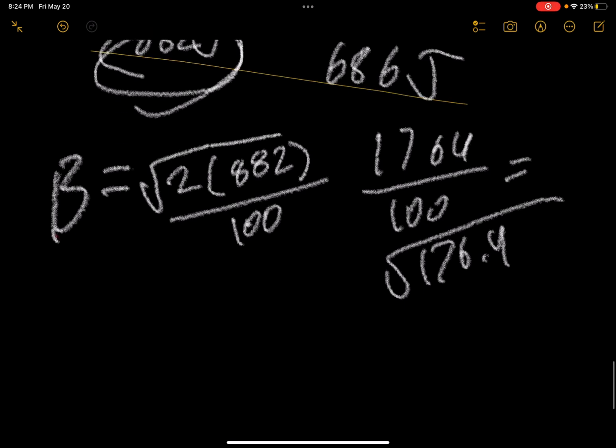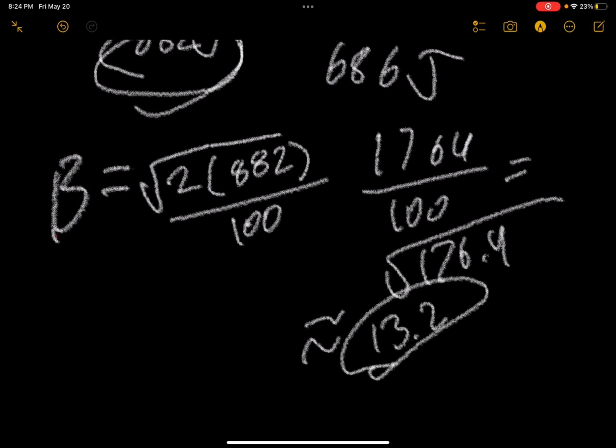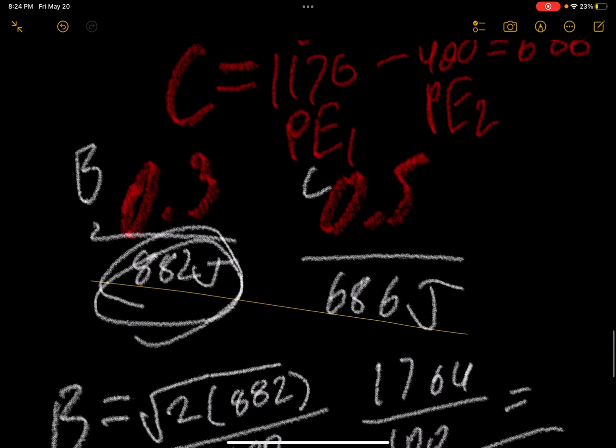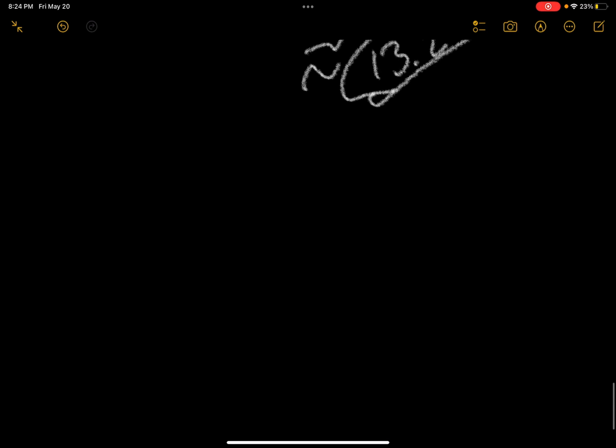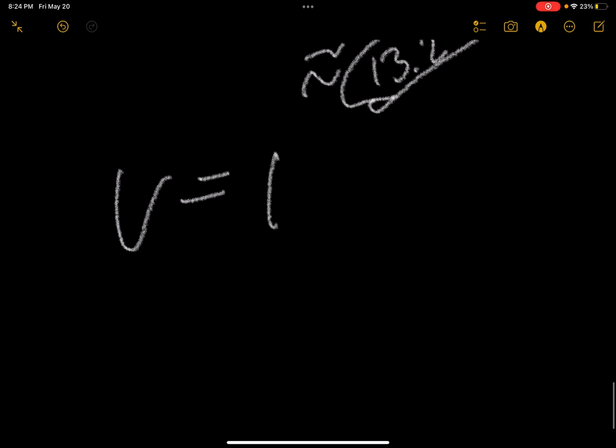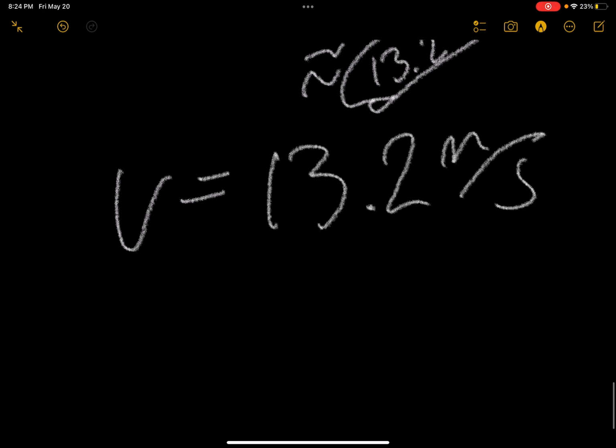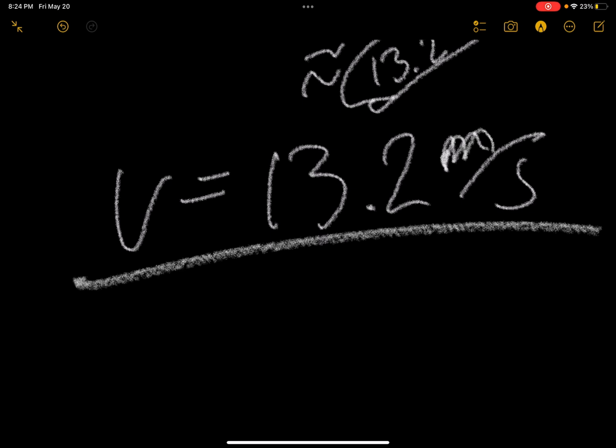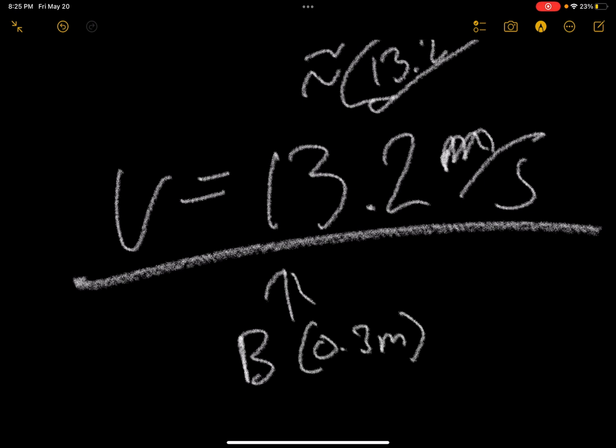So it's basically about 13.2 meters per second. So now our velocity for B equals 13.2 meters per second. That is B, which is 0.3 meters, correct?